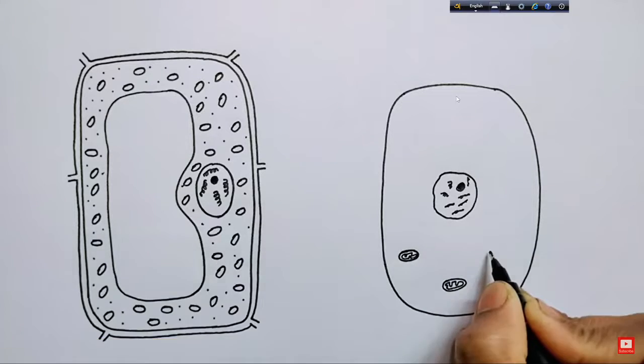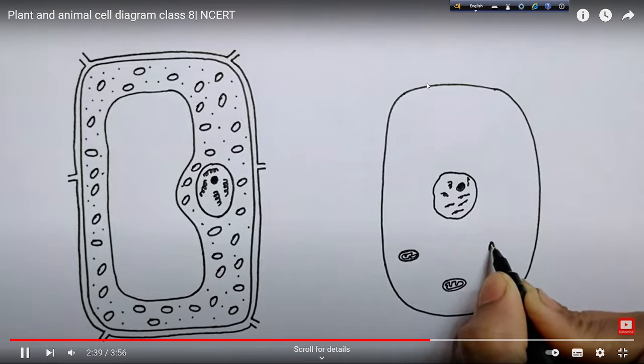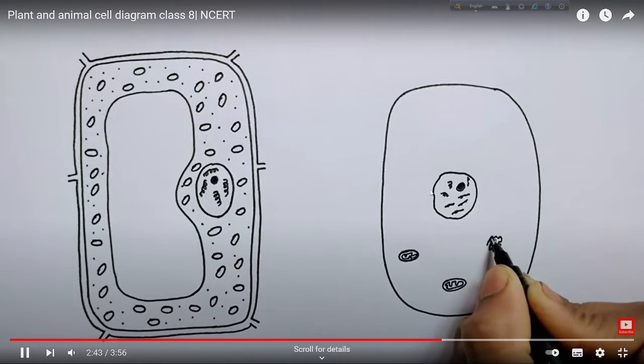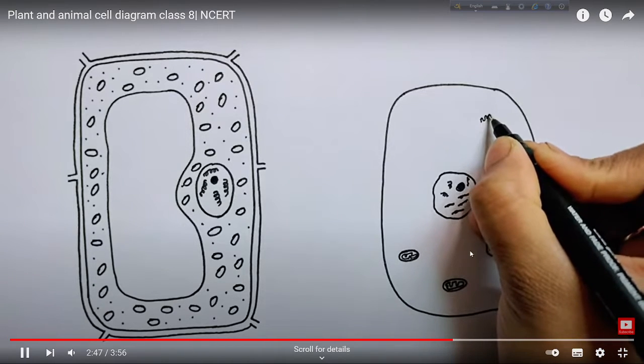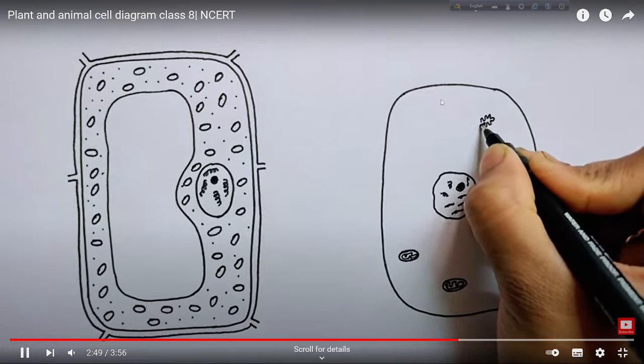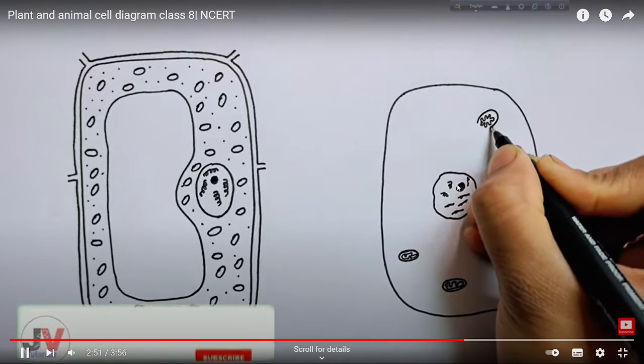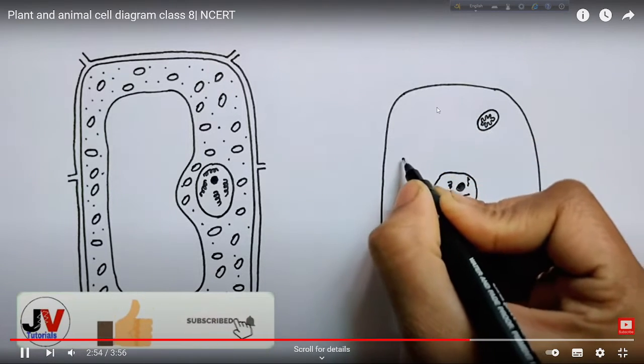Okay, in a plant cell we can see a thin membrane. This is called the cell membrane. The nucleus is in the center, and these are some organelles of the cell, mitochondria and Golgi body also.